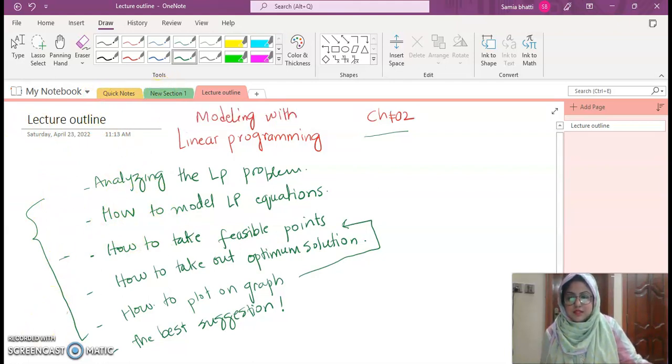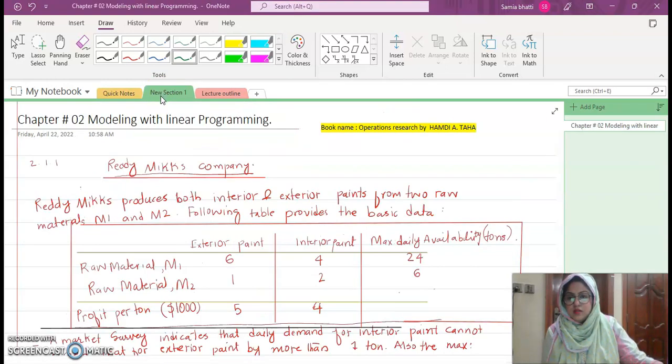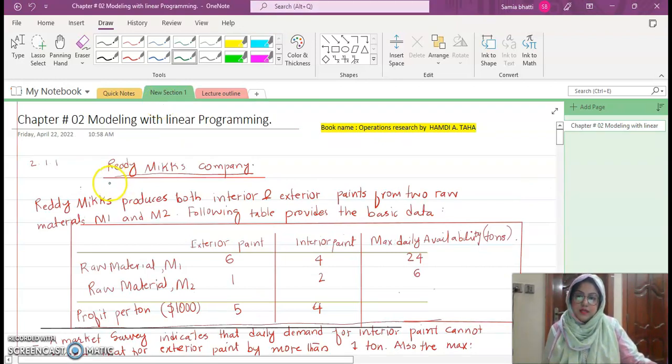So let's get started with the problem that we have to discuss. Here comes a problem regarding a company that is producing paints, right? The name of the company is Ready Mix Company, and this company is specialized in producing paints. So let's watch and understand the problem criteria of this company.